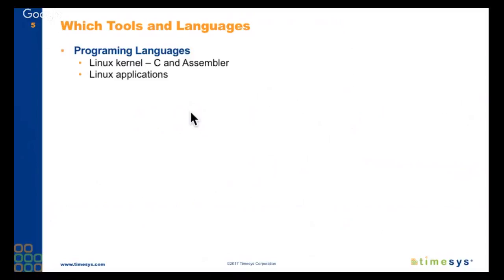For application development, we have quite a few choices. The most popular, C++. C is actually one of the first languages that have been created for more complex applications. It was designed in the 70s by Dennis Ritchie at AT&T Bell Labs, and was intended for embedded use back then.